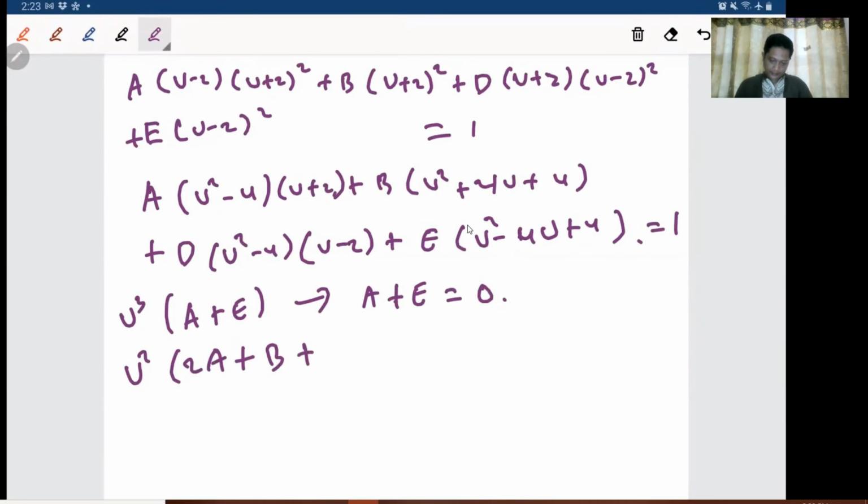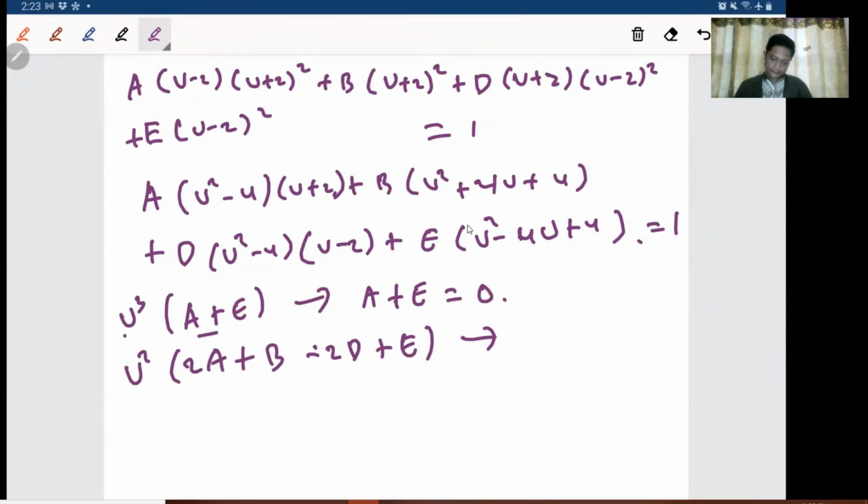And then I also get minus 2d from here. Minus 2d, okay, should be fine. Plus e. So see, the coefficient on the right hand side for u square is also 0. And why is this one equal to 0? Because the coefficient of u cube on the right hand side is also 0.